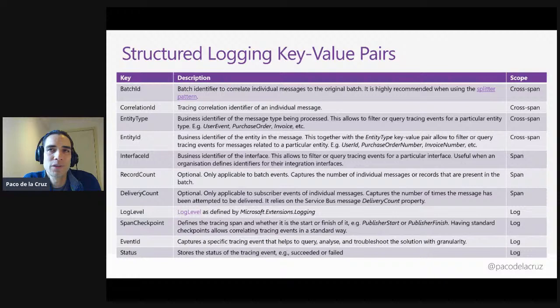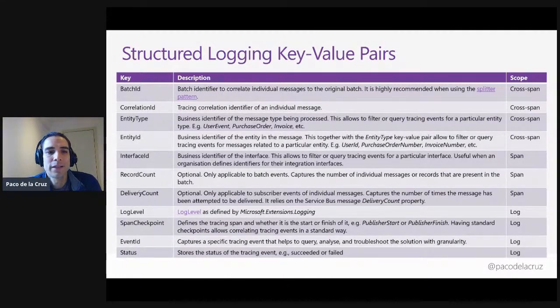In this case, we are processing user events, but the solution could have purchase orders, invoices, and so on and so forth. Then entity ID is the business identifier of the message. So in this case could be user ID for user events, or purchase order number for purchase orders, or invoice number for invoices. Right? All these key value pairs are cross-span.